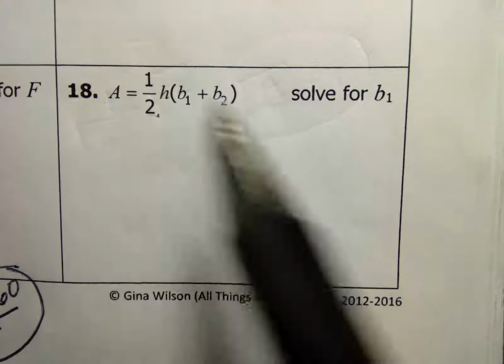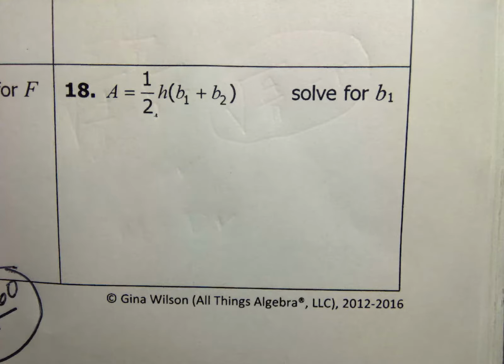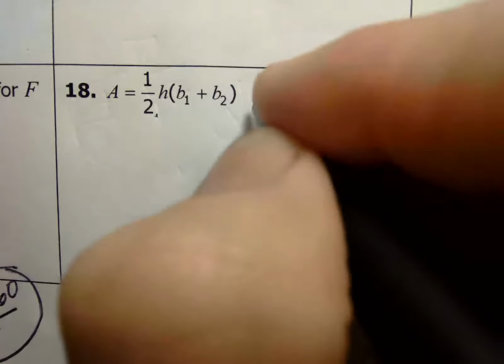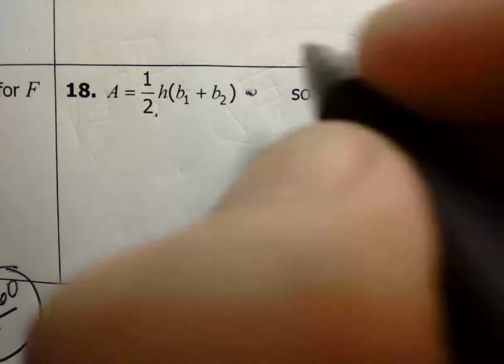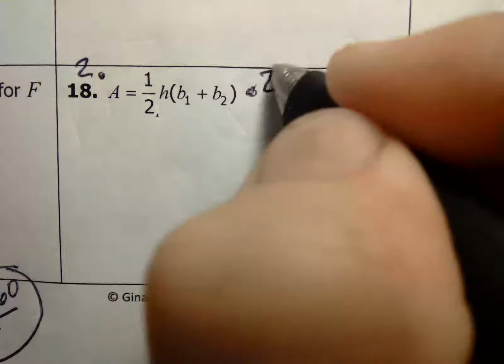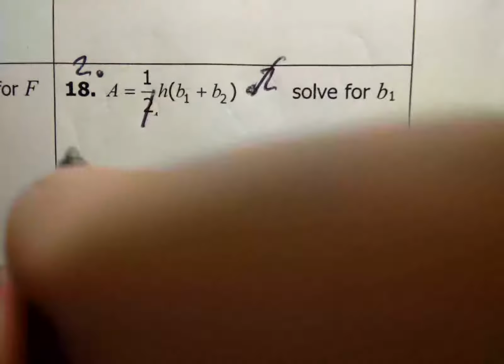Let's get rid of our fraction. Multiply by what? Yes, let's multiply by 2 and multiply by 2. And that gets rid of our fraction.